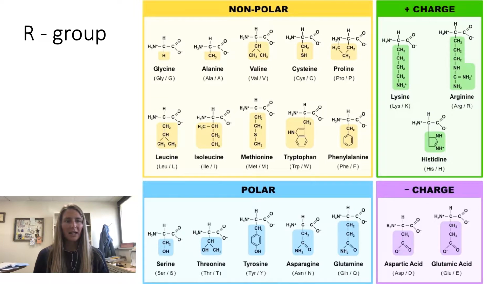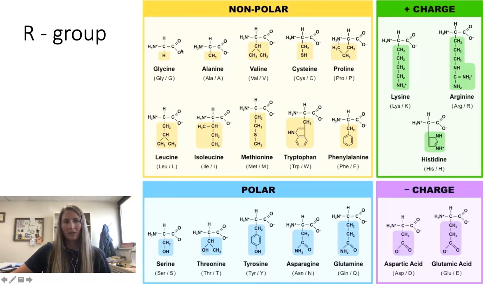So if we look at glycine, we see that glycine has a central carbon. I'll point to these. A hydrogen, an amine group, an NH3, a carboxyl group, a COO or a COOH. You'll notice the H has been dropped from this one. That's fine.